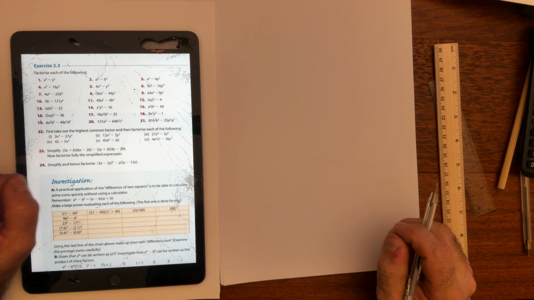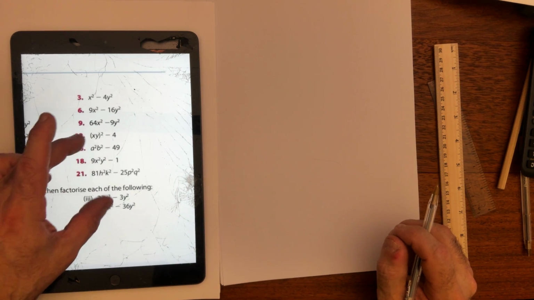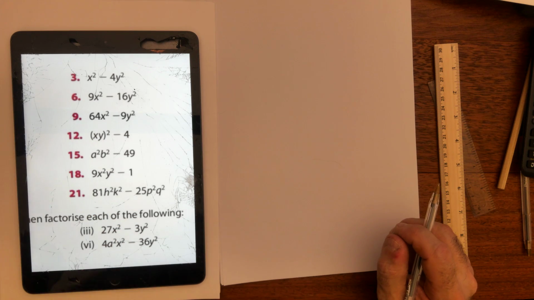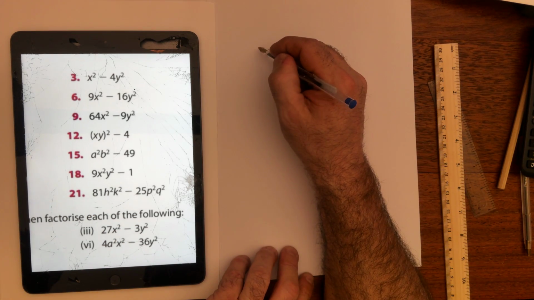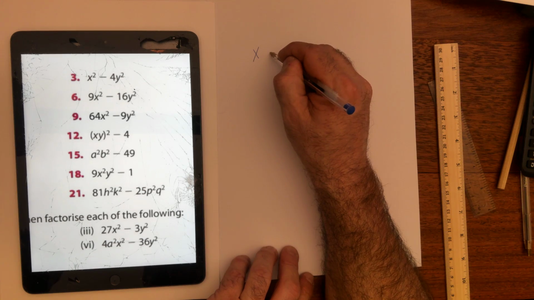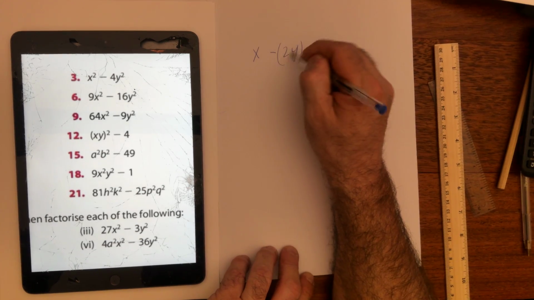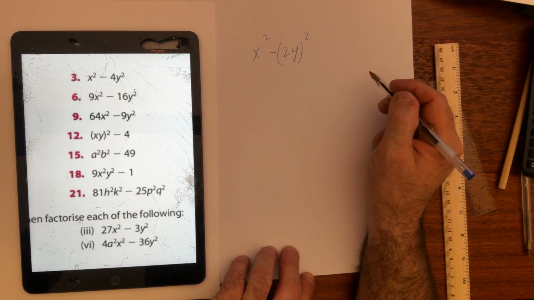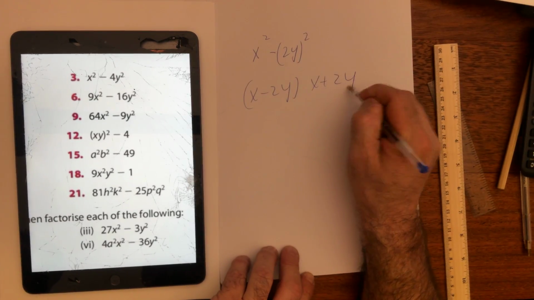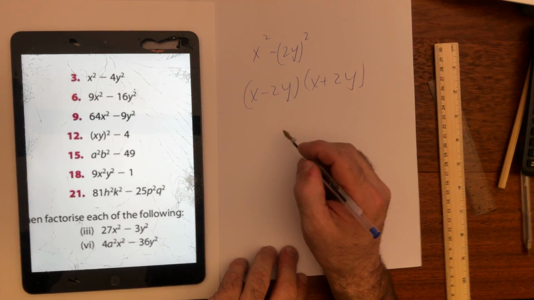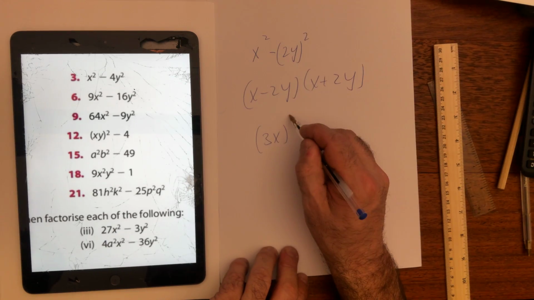Which to do? Well, for me, I suppose the easiest ones are over here on this side, because I can blow it up like that. So let's do question 3. It will be x squared minus (2y) squared, (x minus 2y) by (x plus 2y). Question 6, it will be (3x) all to be squared.